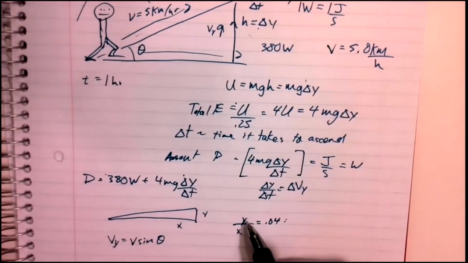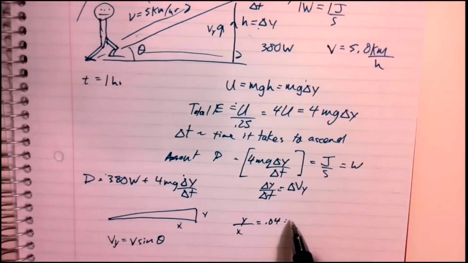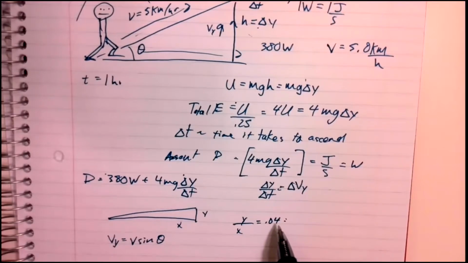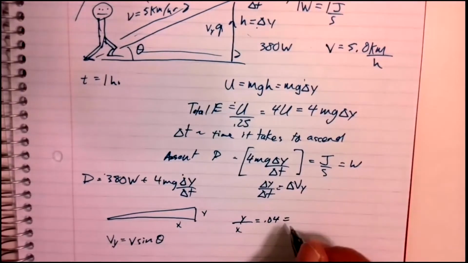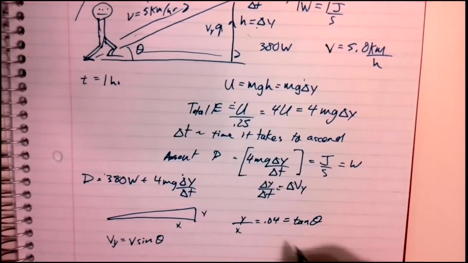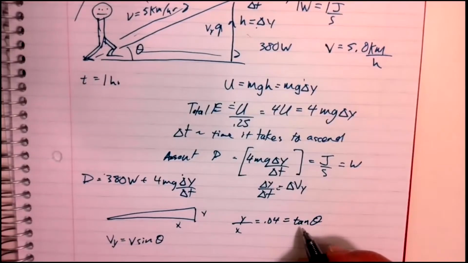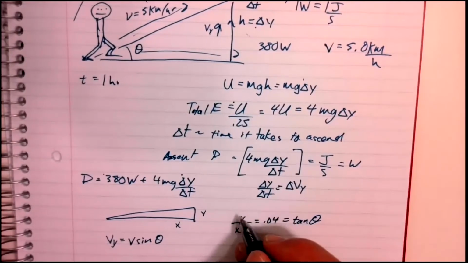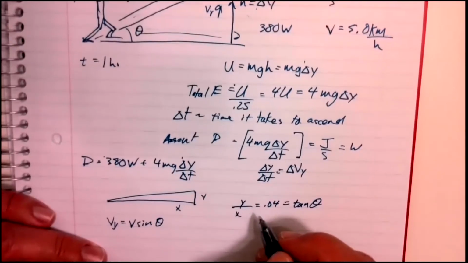That means the ratio of y to x is 4%, or 0.04. It doesn't matter how far they go in y and how far they go in x, the ratio of those two equals 0.04. We want to get that into an angle, and we know that this ratio is also equal to the tangent of some angle theta, because tangent of theta equals y over x.